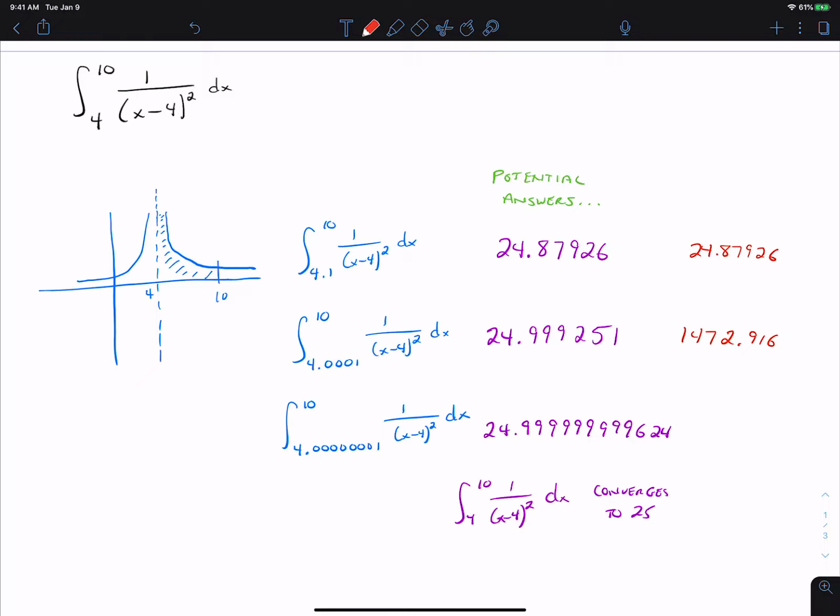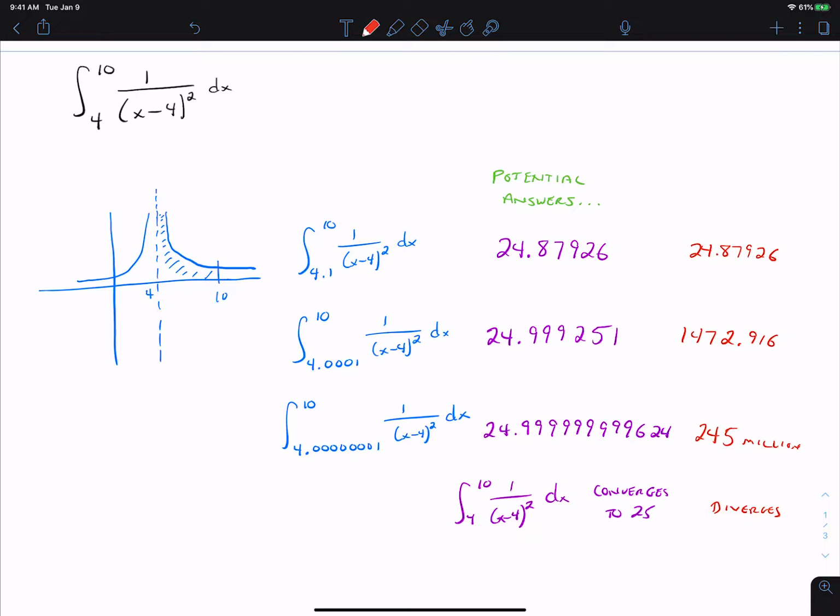And by the time we're down here, maybe it's 245 million. In that case, we say the area approaches infinity, and so the integral diverges. So that's a loose explanation of what can happen with an improper integral.